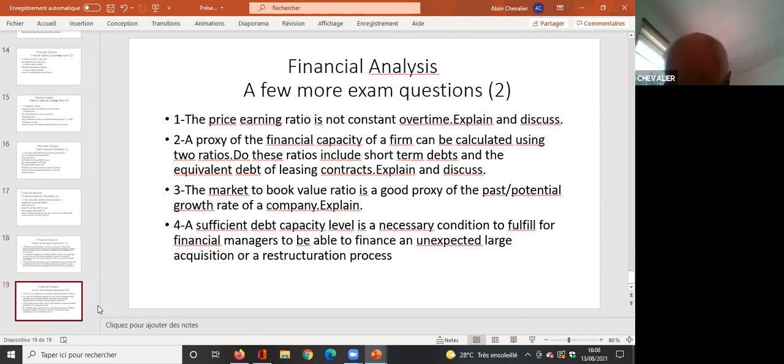Why do we need that capacity? And why do we need to protect, to hedge this debt capacity? Just because in the present economy, opportunities, investment in technology, and also potential acquisitions, mergers or joint venture creations are very often not forecasted.